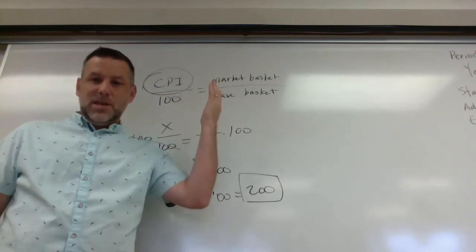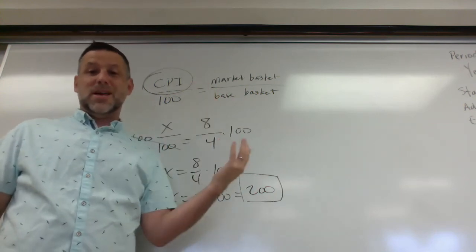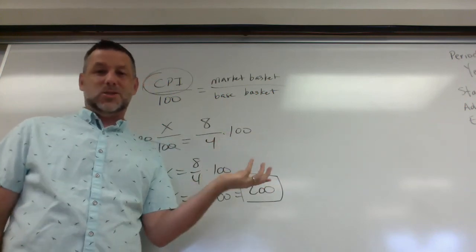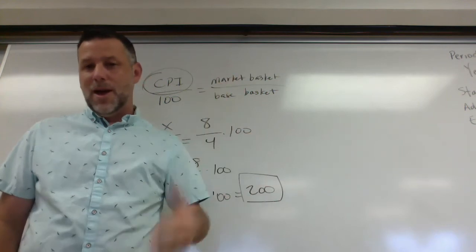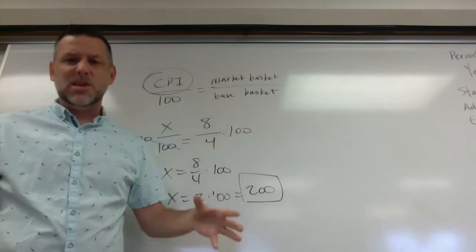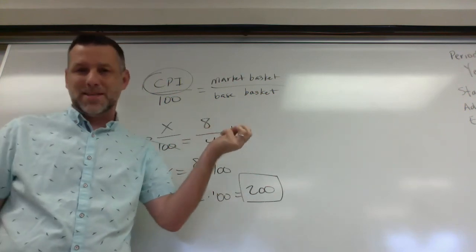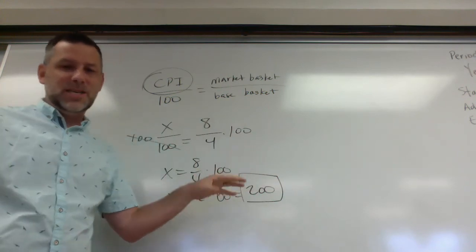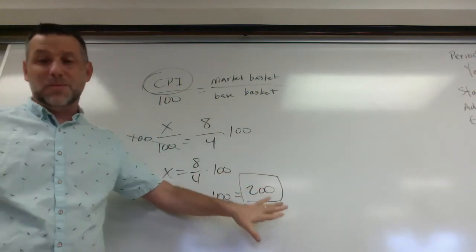Then this year is maybe 275, and next year it's converted on that scale, and maybe it's 283 or whatever. And so you could just use those numbers to calculate the inflation rate, easier than having to keep track of those market baskets that are in the thousands of dollars calculated down to the penny. Much easier to just work with numbers that are based with a base of 100.